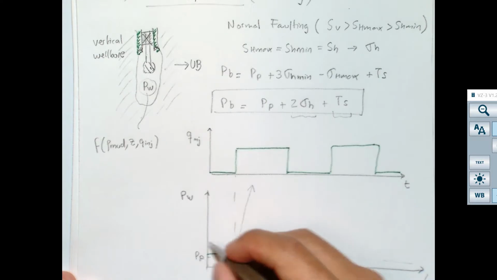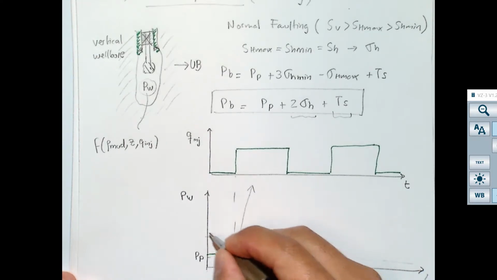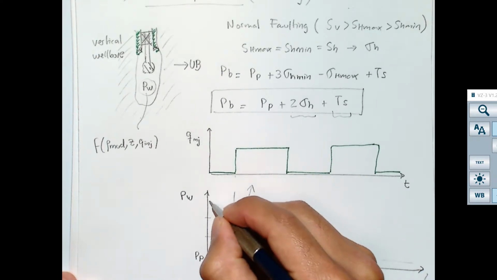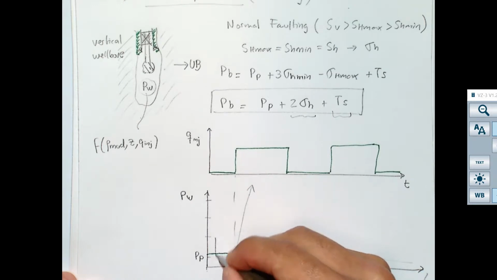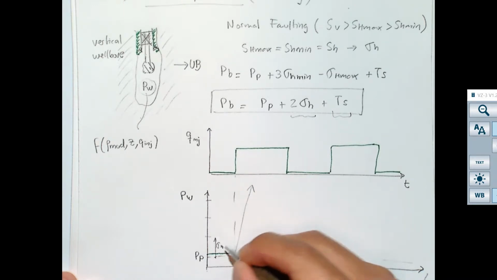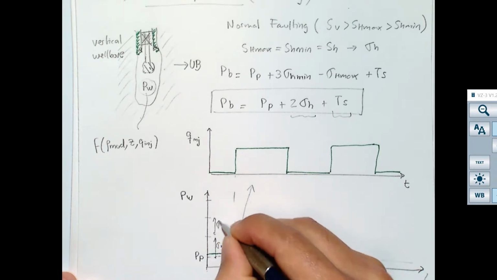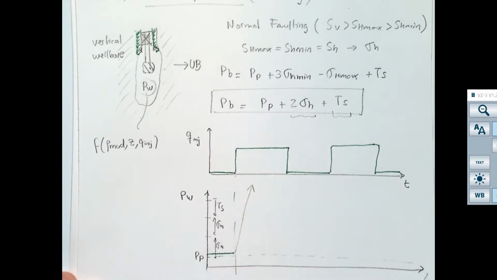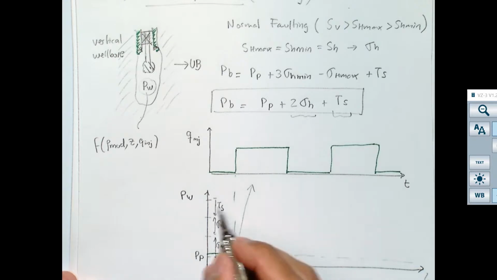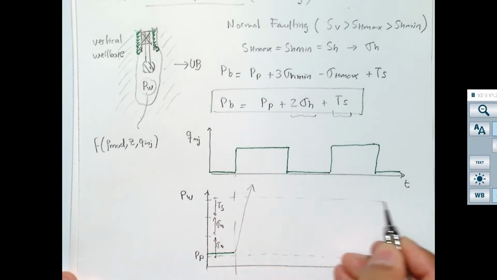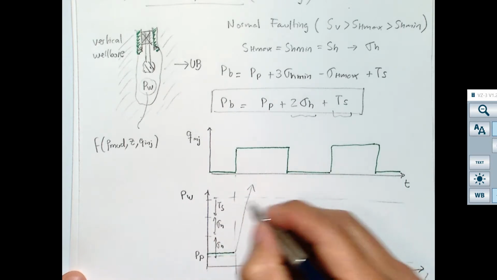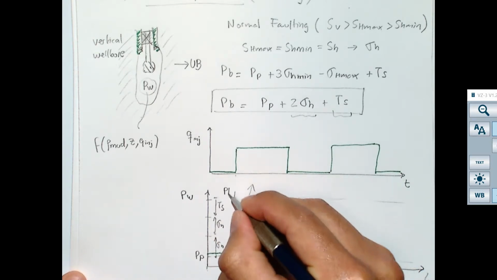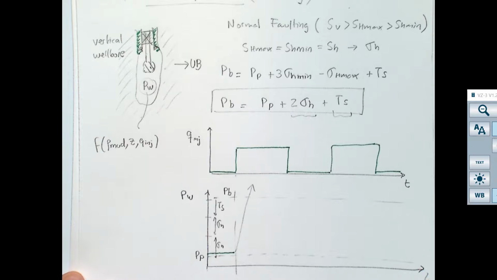So let me assume that more or less this is 1 sigma h, this is 2 sigma h, and this is the value of tensile strength. Well, according to this equation, the maximum pressure you can get to is going to be limited by this value, that is the value of PB, right?